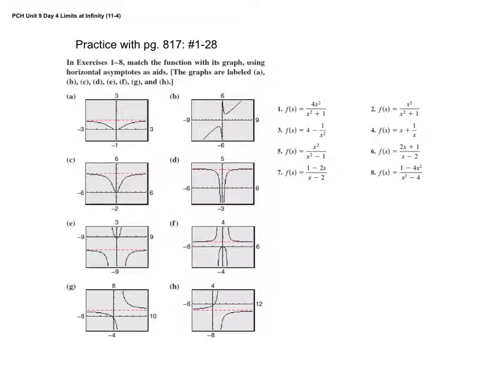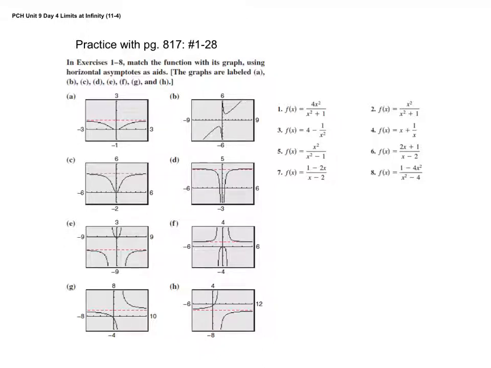So, here we have a little bit of practice. Now, notice here, you're matching, and you might say, well, where are the limits? Well, the limits are the horizontal asymptotes, right? So look at, what would my horizontal asymptotes be?